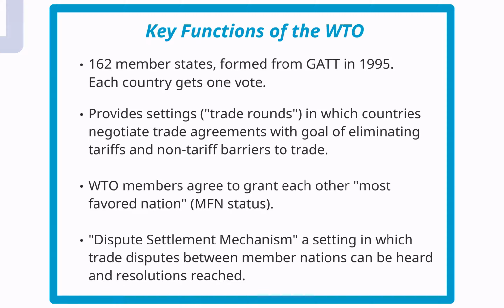When you become a member of the WTO, you sign on to certain expectations, certain responsibilities. WTO members agree to grant each other what's called Most Favored Nation status, or MFN status. Most Favored Nation status basically means that if you're a member of the WTO, you're going to treat every other member the same, right?